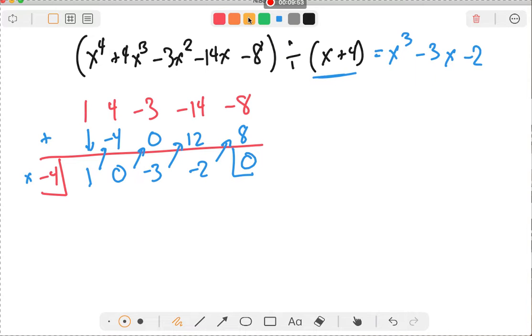Now you go ahead and try to do this again. This time, divide by x plus 1. Pause the video, give it a try. Okay, so we bring down our coefficients: 1, 4, negative 3, negative 14, negative 8.